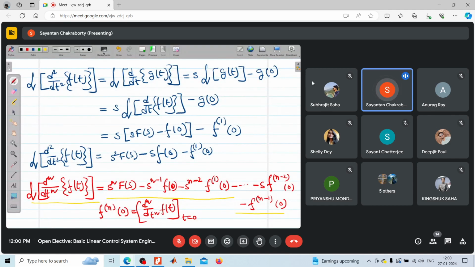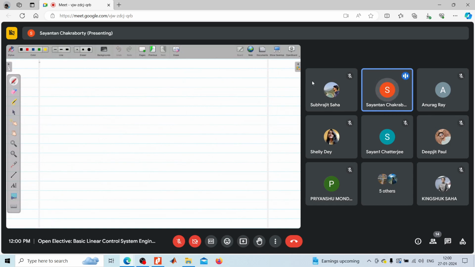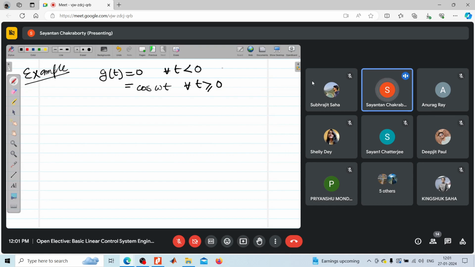And for an example, suppose we have a function g(t) defined as 0 for all t less than 0 and equal to cos(ωt) for all t greater than or equal to 0. The Laplace transform of this cosine function can be obtained directly, just like in the case of a sinusoidal function that you have done already.